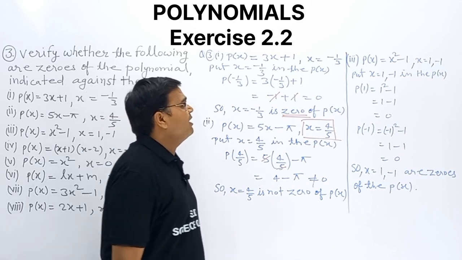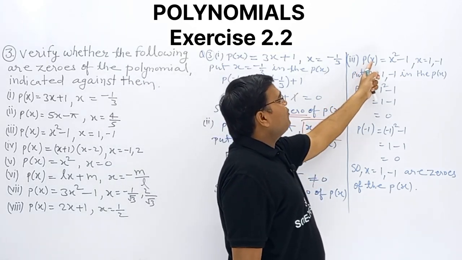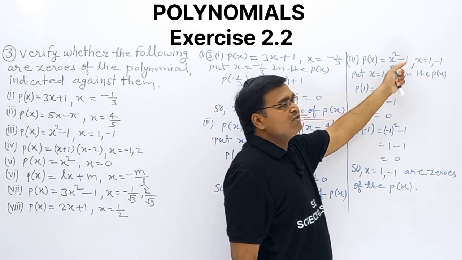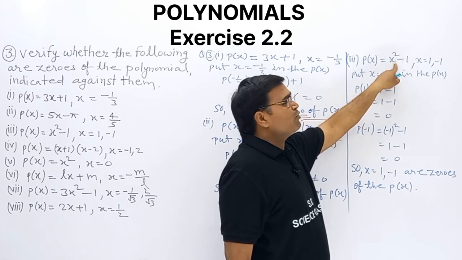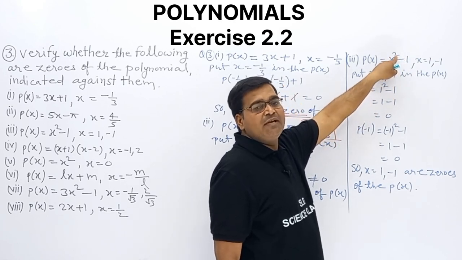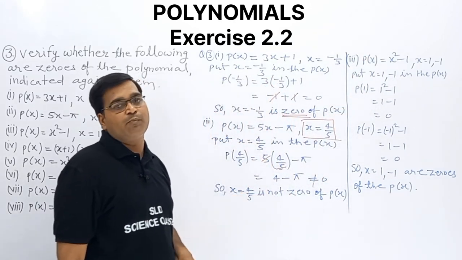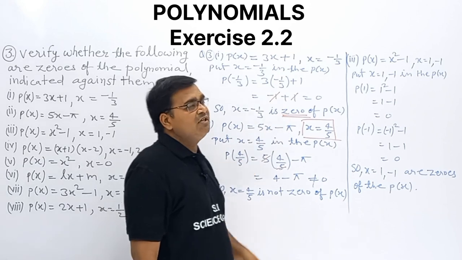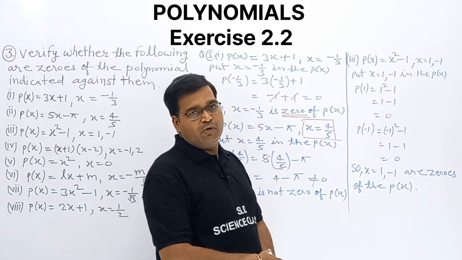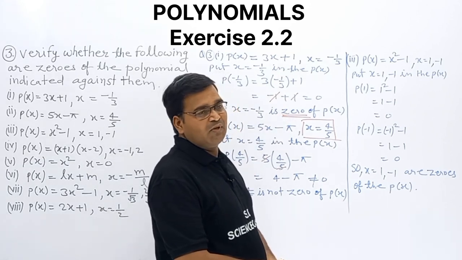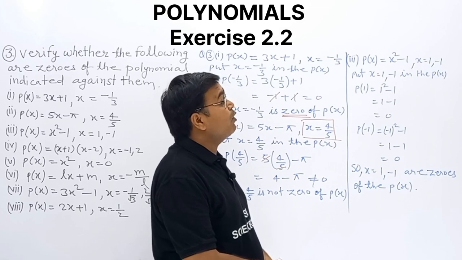Now the next, third one. p(x) equal to x square minus 1. This is the polynomial. The maximum power of x is 2. Its degree is 2. It is a quadratic polynomial. Question 1 and question 2 were linked to linear polynomials, but question number 3 is linked to a quadratic polynomial, in which we have x equal to 1 comma minus 1.